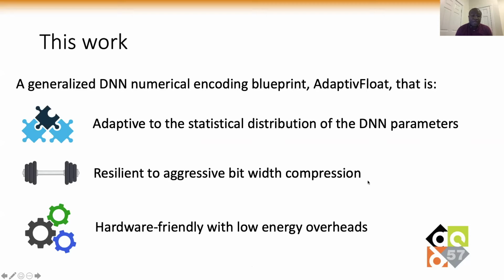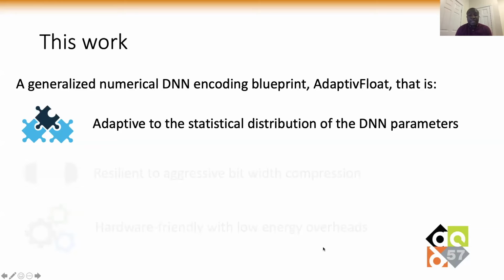Adaptive float is found to produce noticeably higher inference accuracies when compared to other deep learning data types, and it is resilient to aggressive bit-width compression. Finally, in this work, we propose a deep learning neural network processing element exploiting the adaptive float mechanism in order to yield higher per operation energy efficiency compared to integer-based hardware variants.